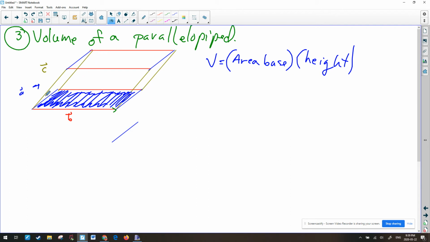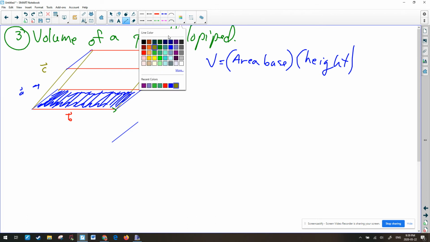So now we have to be careful. It's not just the magnitude of this, right? This is tipped over. If this was a box that had leaned over, this dimension is like a ladder leaned up against the wall. It's longer than the height of this box, right? And so if I were to insert into here, what's a good color to use?